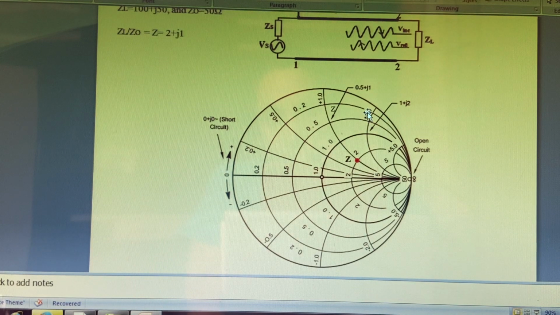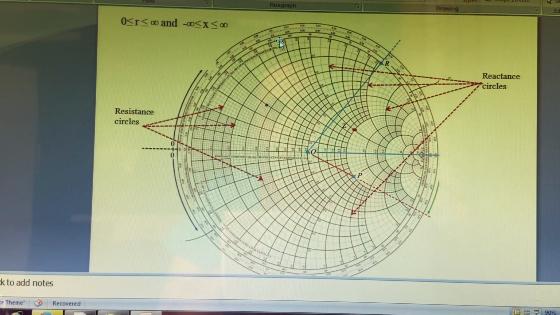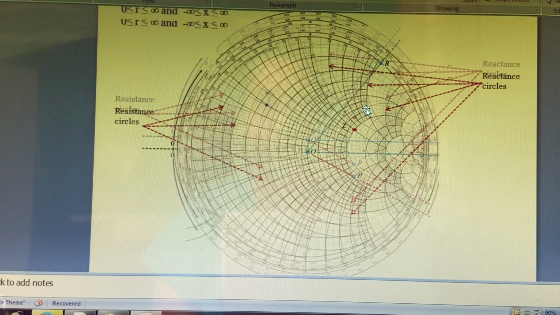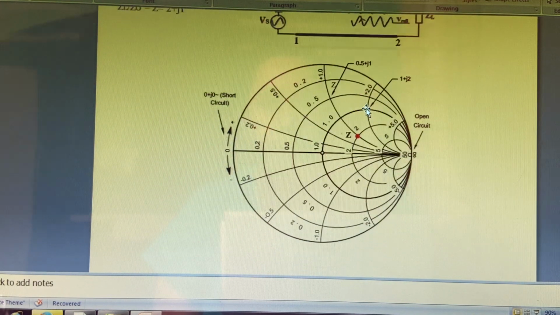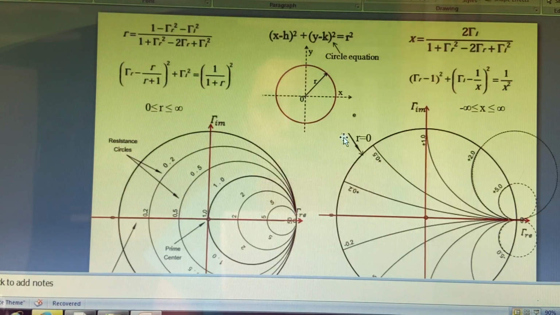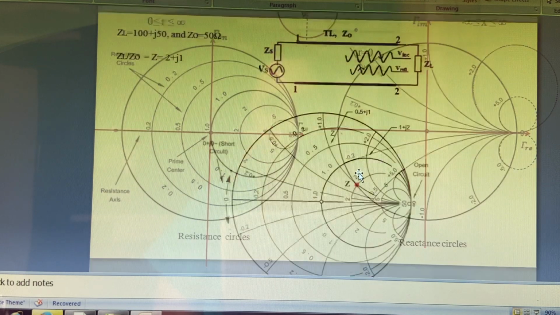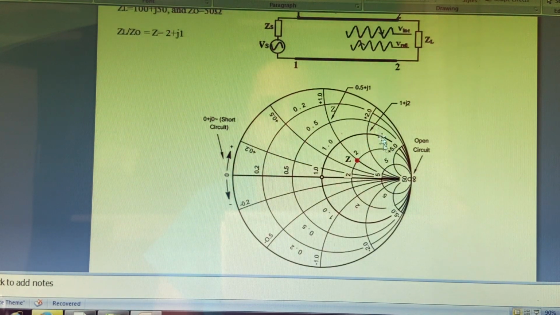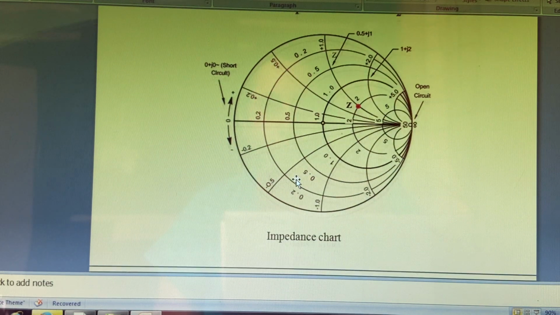These are the reactance values, and resistance values are written here. So while reading, we have to read the values here. Reactance values are written here, and resistance values we have to read from here to get the value of any impedance. On the Smith chart, we will be having these two circles, resistance circles and reactance circles. They will be looking like this.